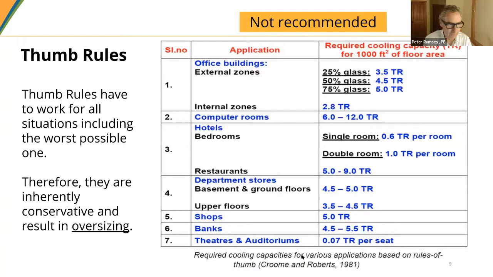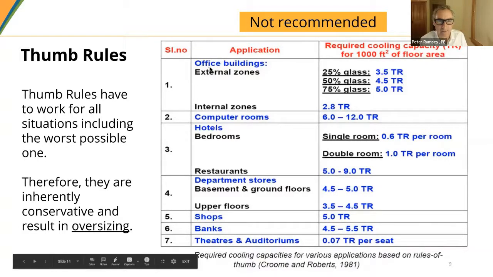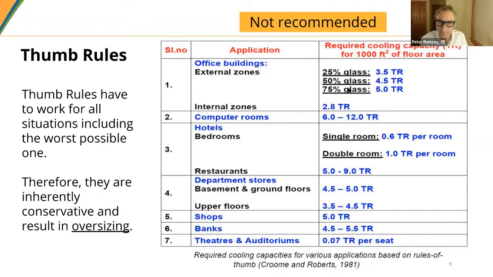This is an example of a thumb rule table, and you can see that it says for office buildings, depending on what percentage of glass, this is the tons of refrigeration, TR, the amount of cooling that you need for 1,000 square feet, or roughly 100 square meters.